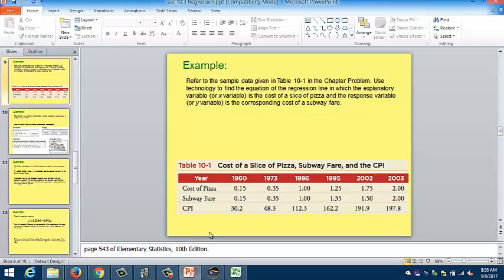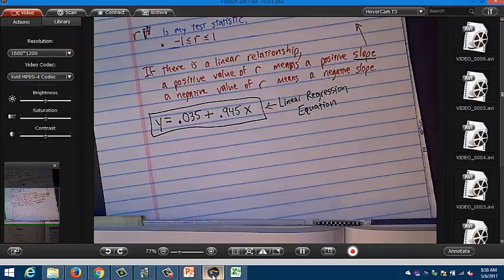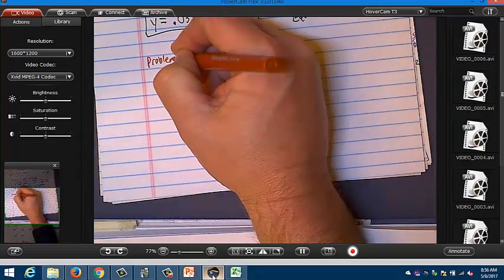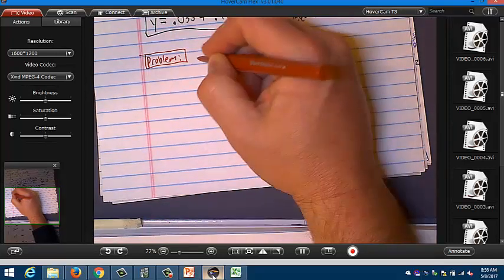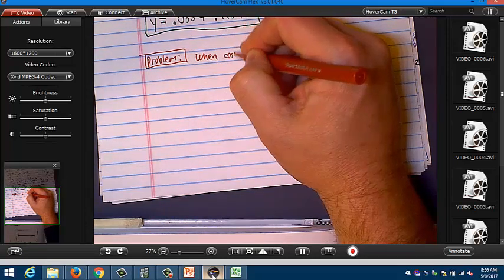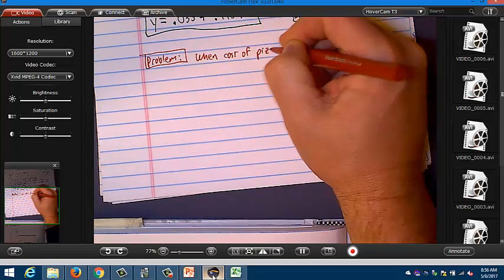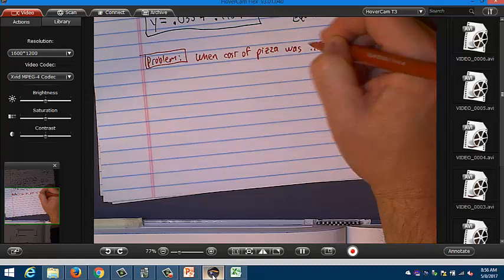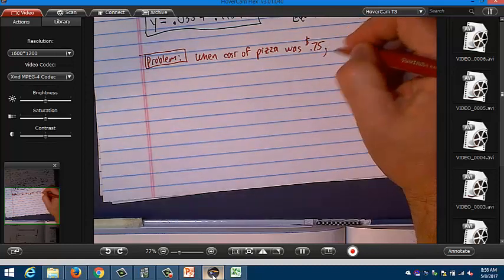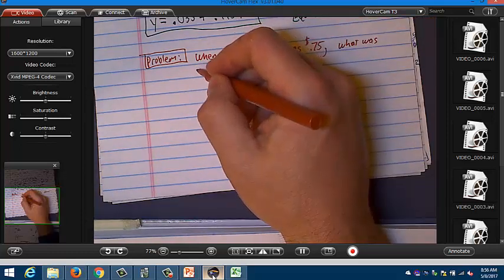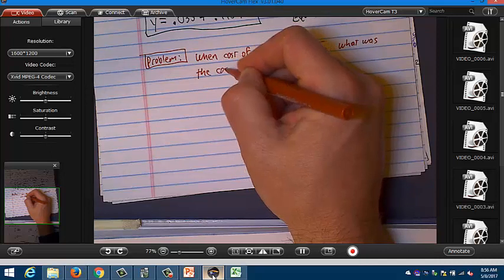So here's a problem. When the cost of pizza was 75 cents, what was the cost of Subway fare?